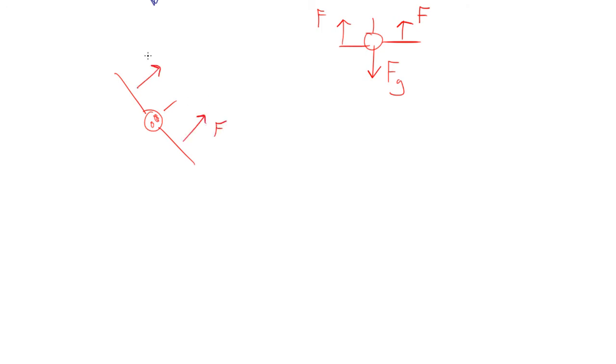Gravity still just points down. So I've got a net force applying in the x direction, right? The force in the y direction is still balanced by the upwards component of these two forces, but in the x direction, it's unbalanced. I'm out of equilibrium in the x direction. So that means there must be an acceleration in the x direction. So this thing is going to accelerate like this.